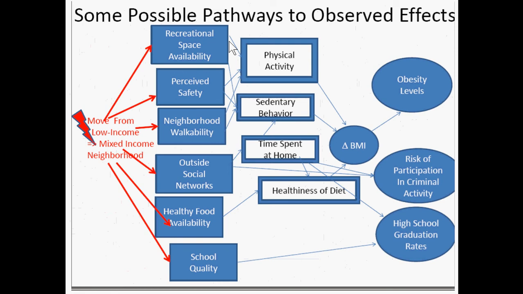And often there are going to be nonlinear factors involved, in the sense that a small change, for example, in neighborhood walkability may lead to a sizable change in sedentary behavior. At a certain point in neighborhood walkability, it may be almost a tipping point associated with that change.